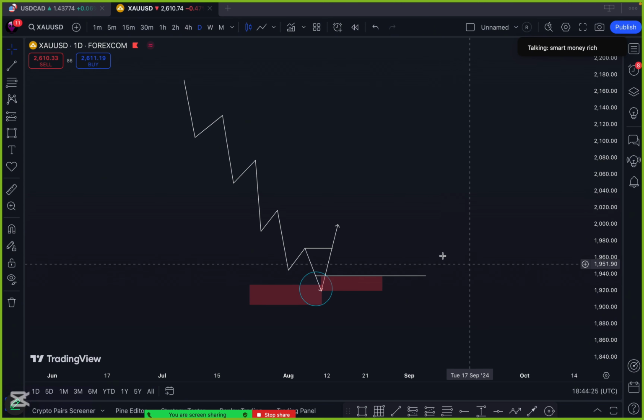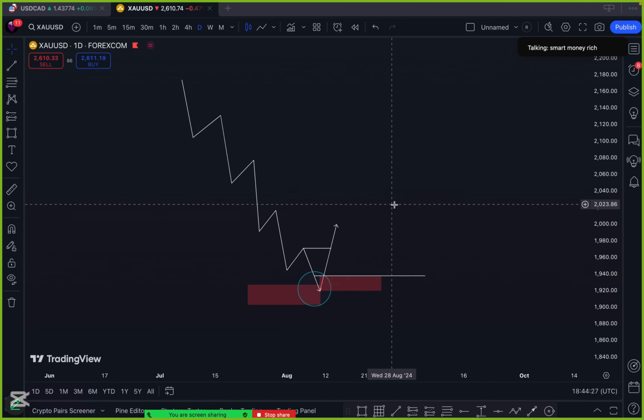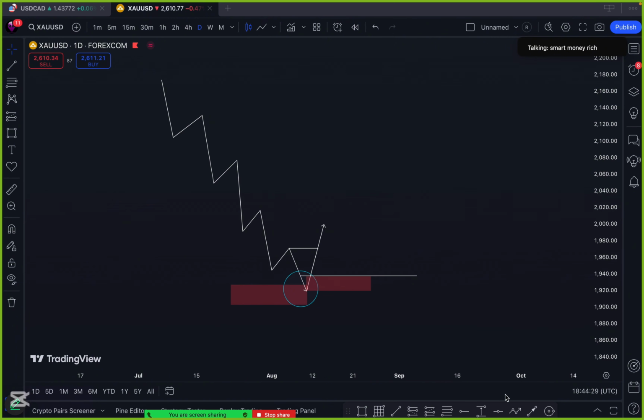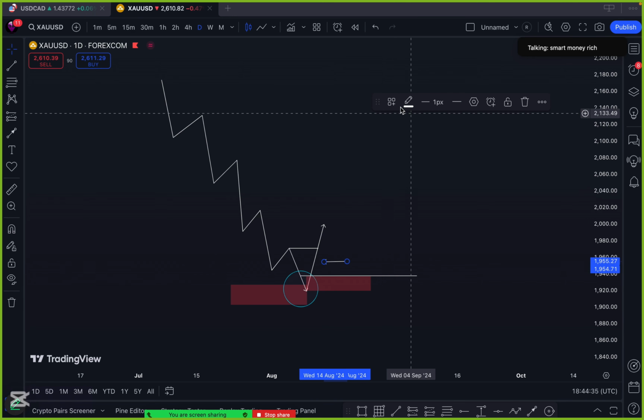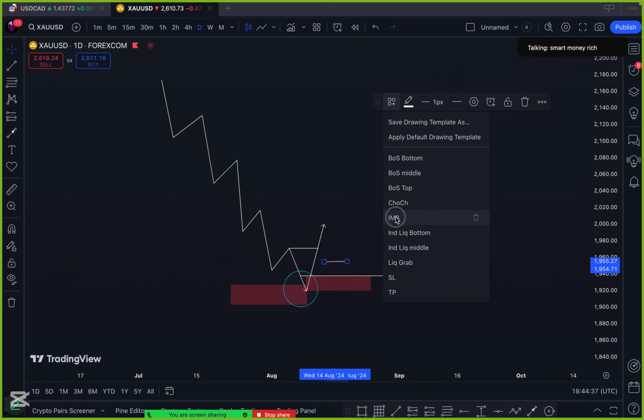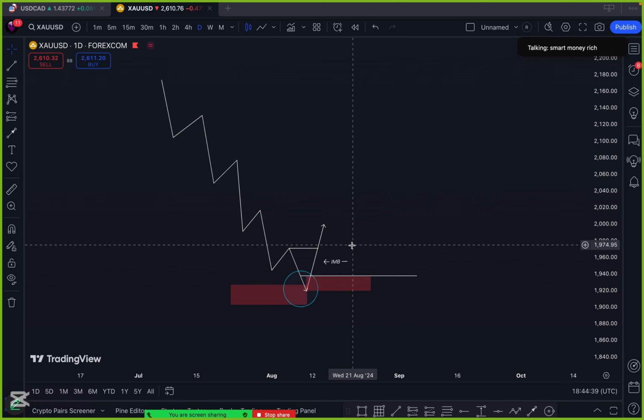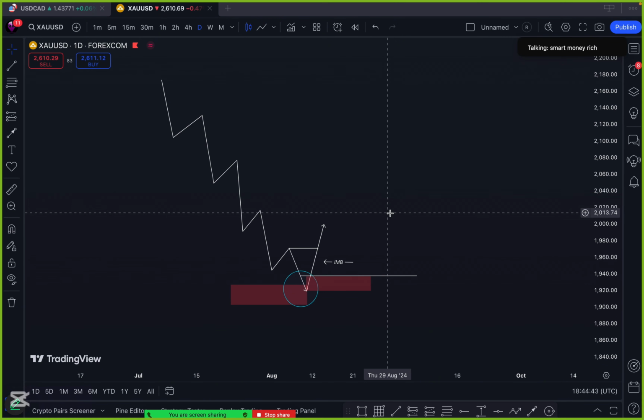So once price breaks this high, or we call it a change of character, this aggressive buy is also going to leave an imbalance. Imbalances are caused by aggressive buyers or sellers.